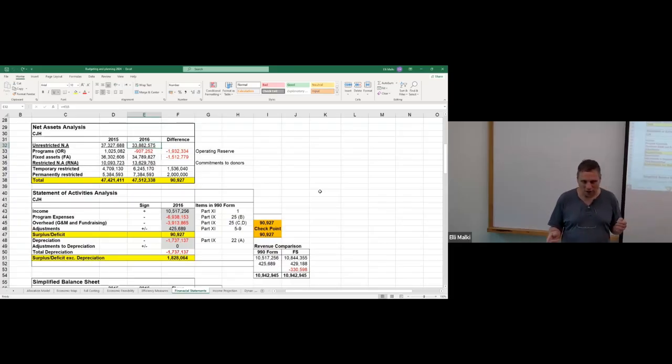So we will have to see the connection between the statement of activities and the balance sheet. If we have a change in, let's say, net assets, it has to be reflected as some kind of surplus in our income minus expenses. But first, the technical part.